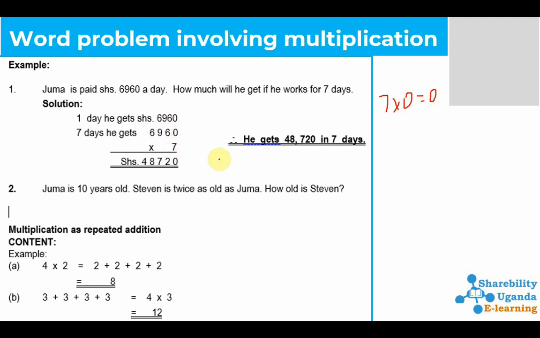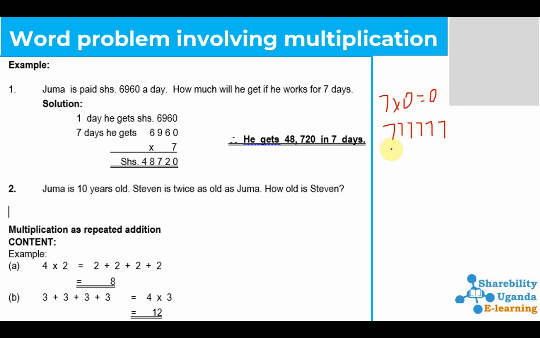Okay, 7 times 6. They want you to write 7, six times. Let's do this: 7, 7, 7, 7, 7, 7, counting 1 2 3 4 5 6. 7 times 6. So here we shall add these figures.